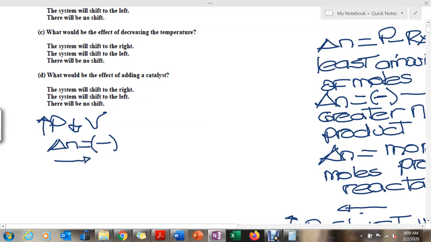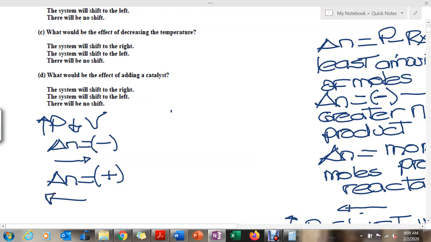If delta N is positive, it moves to the left. It shifts to the left.